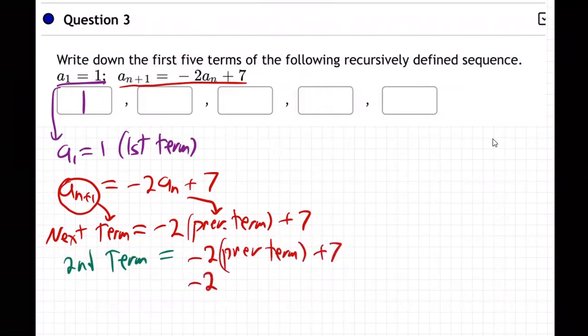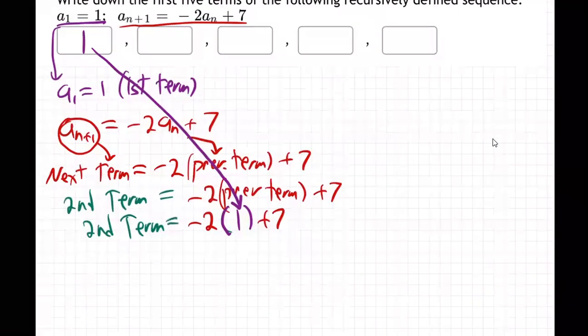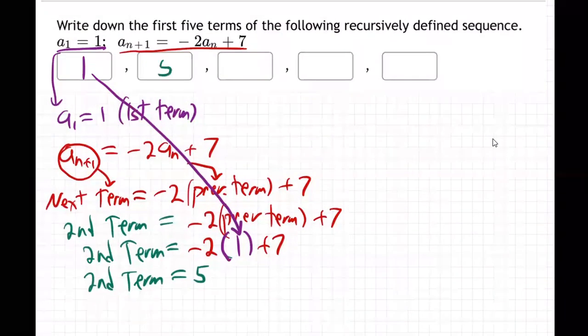What's the previous term? Well, it's the 1 right there. This is the previous term. 1. Add 7. And so the second term, work that out, I think it comes out 5. Yeah, 5. So the second term is a 5.